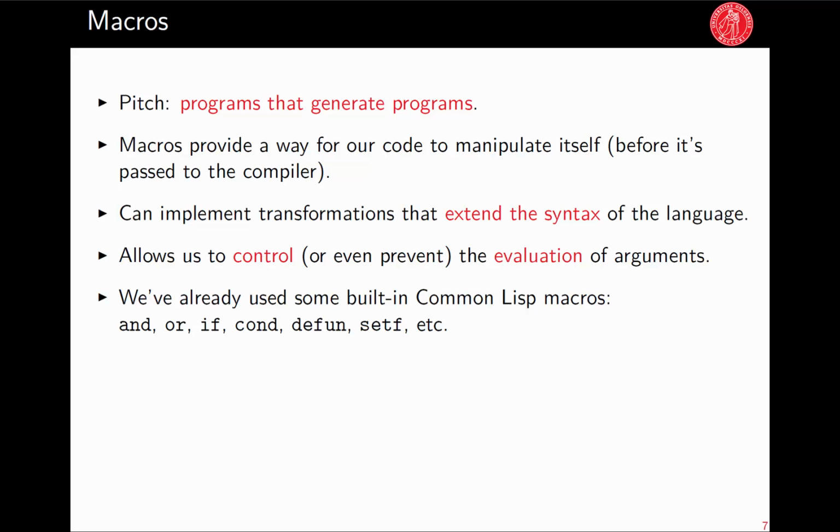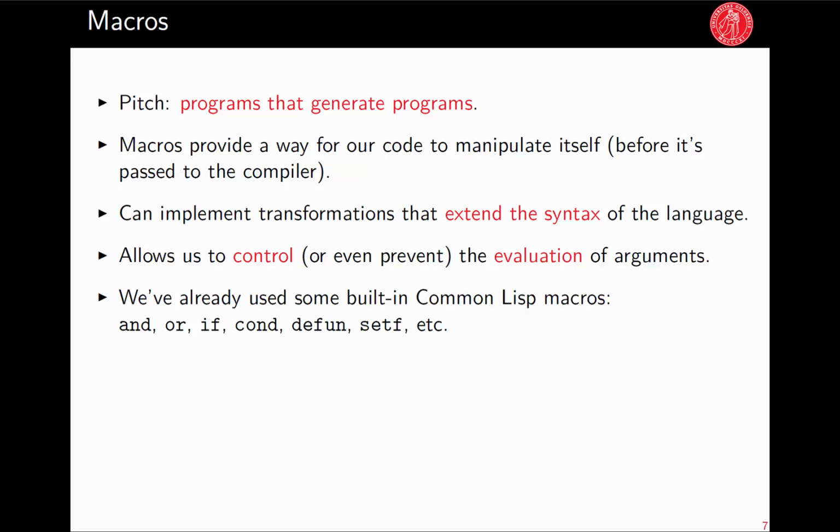And the most powerful way in Common Lisp to have code that manipulates code is given by the macro system. The typical slogan or pitch when introducing macros is to say that there are programs that themselves generate programs.